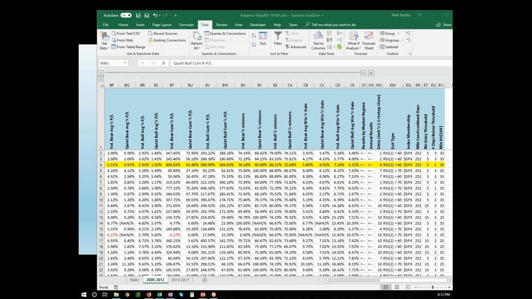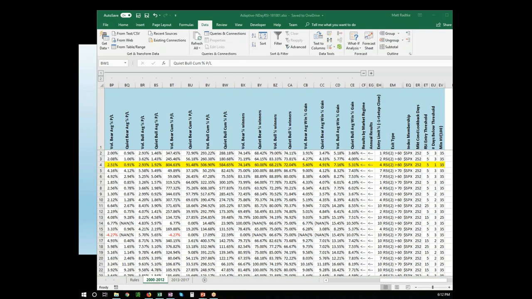So regardless of whether we're talking about market regime or not, some things that I look at when I'm doing optimizations to make sure that I'm not over optimizing: number one, I'll test a range of parameters, but I won't make those too granular.